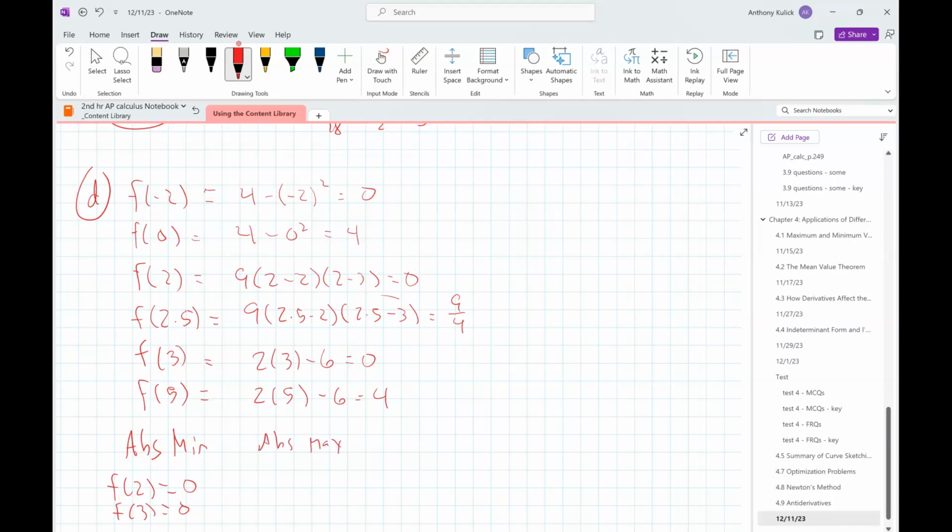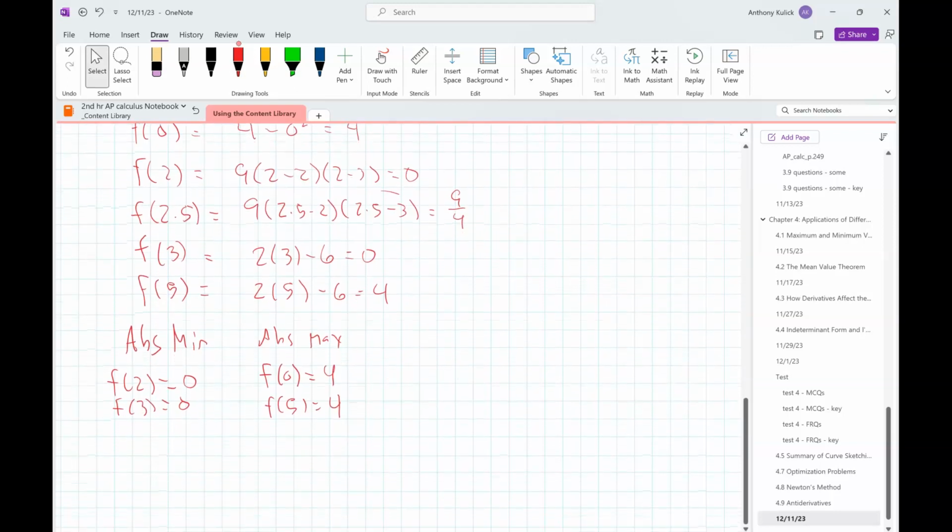And my absolute maxima, I have f of 0, which is 4, and f of 5, which is also 4. So I have 2 absolute maxima. But the point is that my absolute minimum value is 0, and my absolute maximum value is 4. Is everybody so far so good?